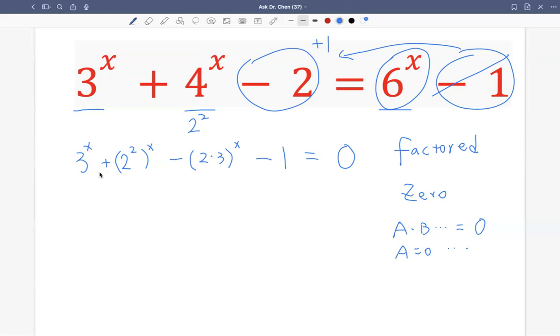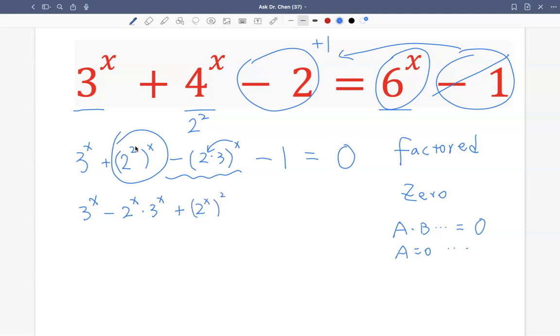So now let's observe. Let's just write 3 raised by x. Then let's see this term. This term we can split as 2 raised by x times 3 raised by x, so minus 2 raised by x times 3 raised by x. Then this term we can rewrite as plus 2 raised by x squared.